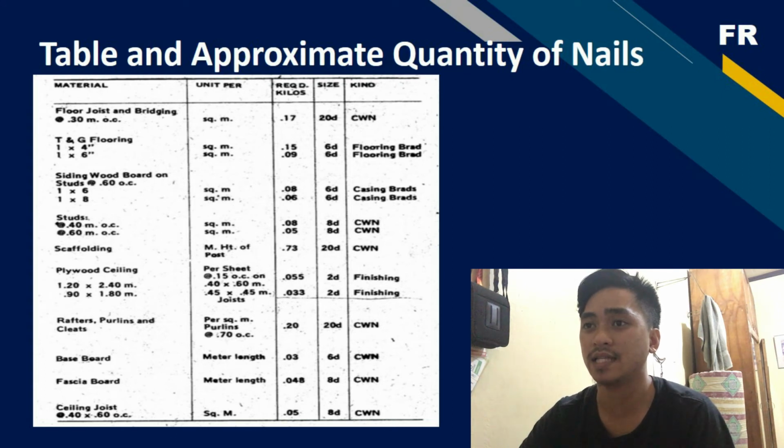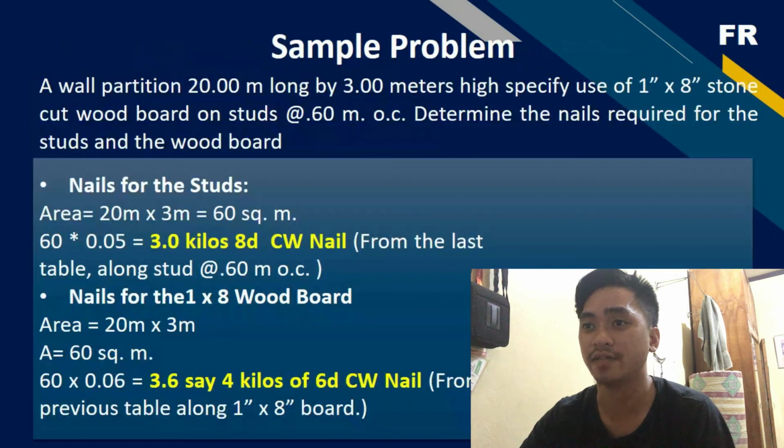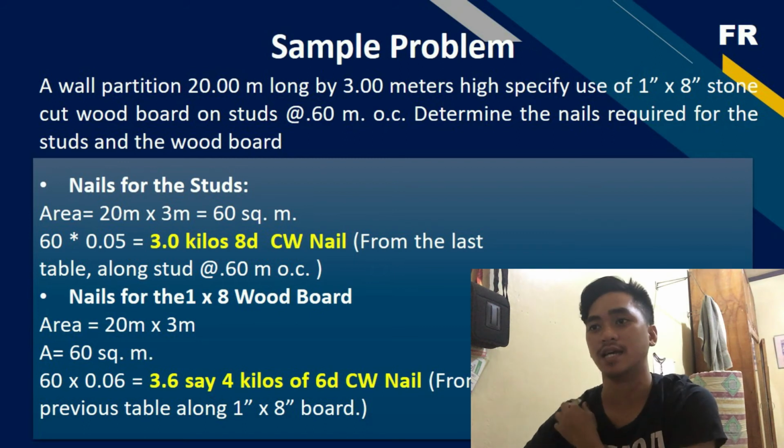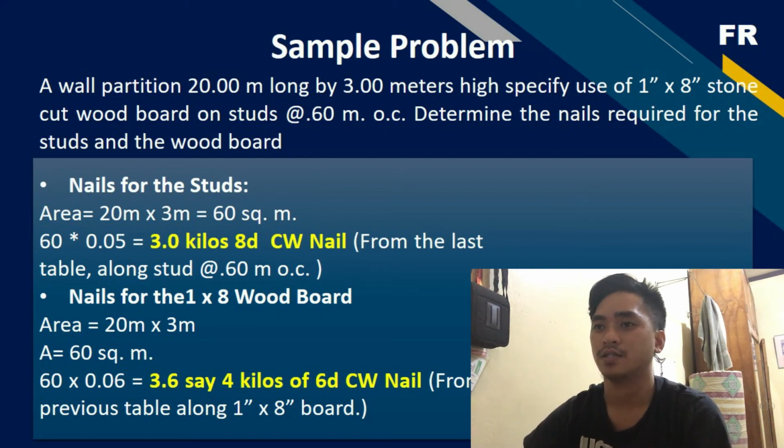So 60 times 0.05 equals 3 kilos, and 8D is the size of the CW nail. From the last table, along stud at 0.60 meter OC, that's the answer. It's 3 kilos of nails for the studs.